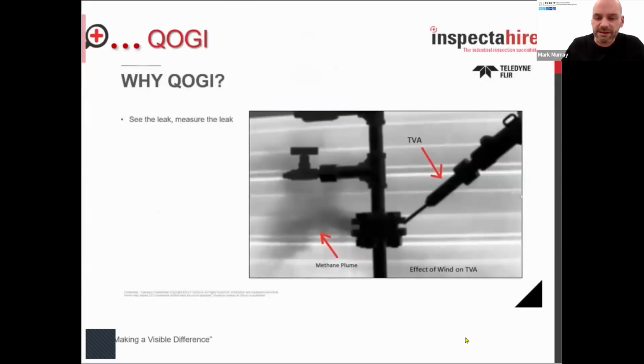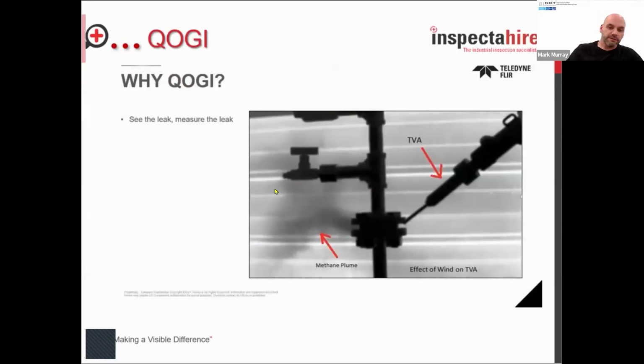So why would we use this technique over any of the other available techniques on the market or more traditional techniques? Well, for one, you can see the leak you're trying to measure. So here we can actually see where the gas plume is going. So you can have a more comprehensive, more accurate measurement, in so much as you can exactly follow the gas and see where it's going.